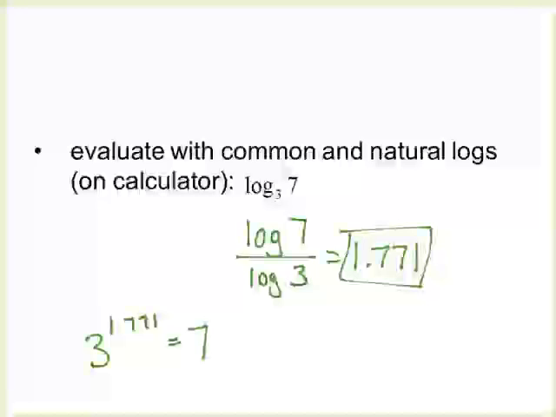A log is asking the question of what exponent would give us that answer in there. So 3 to what power is 7? About 3 to the 1.771. Okay? That's the answer that a log is giving you when you evaluate a log. So that's a way to check your answers on these as well.